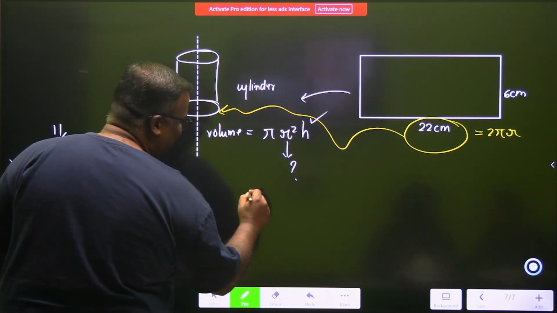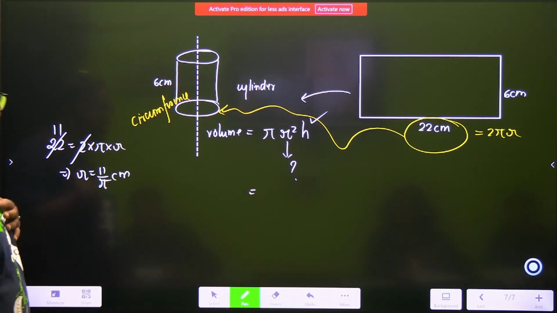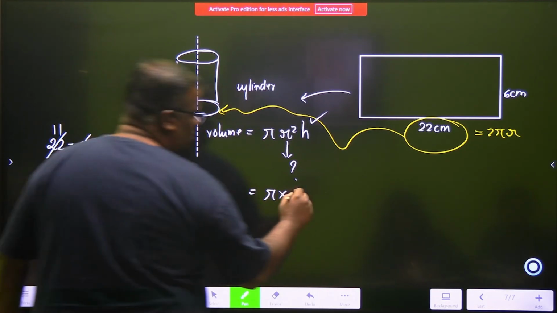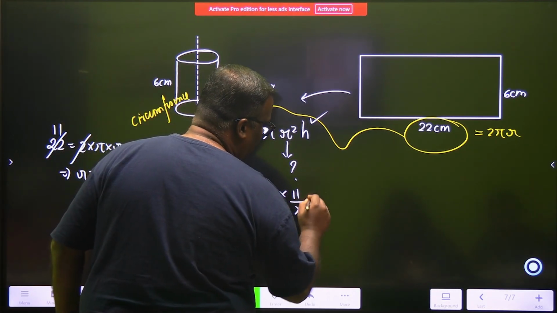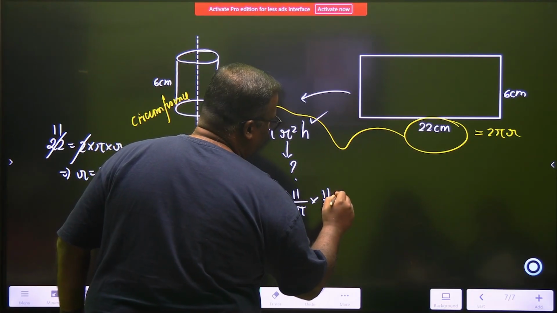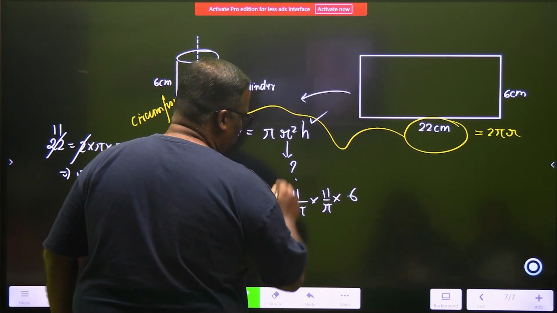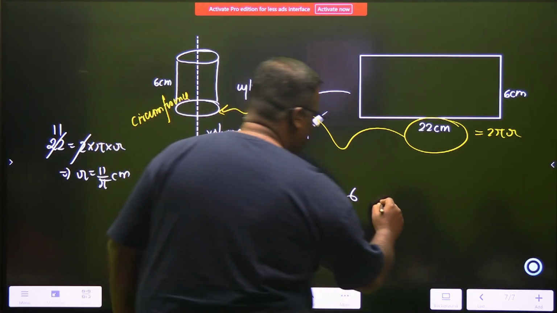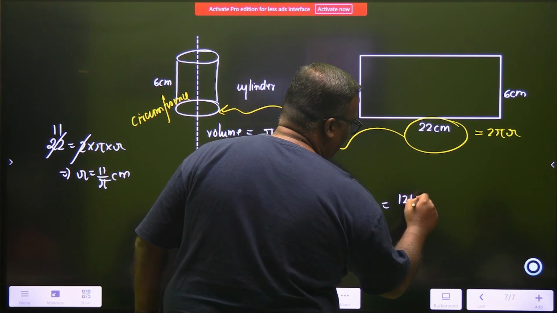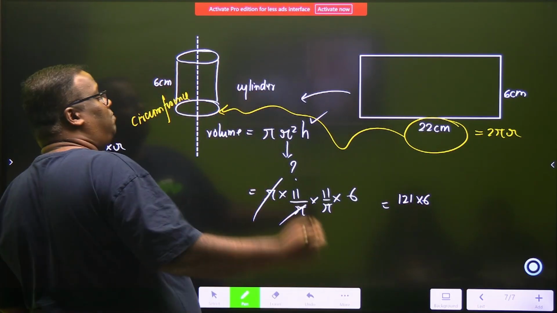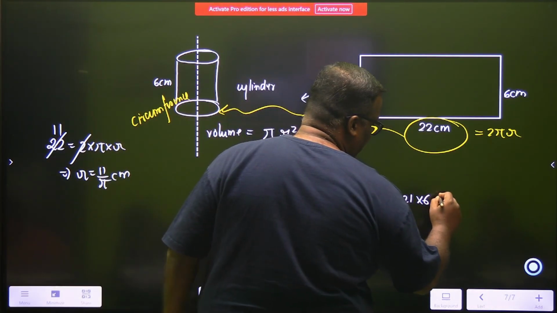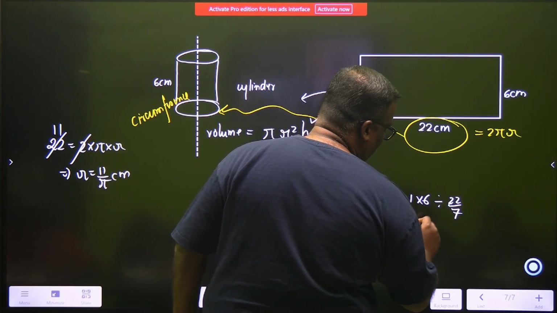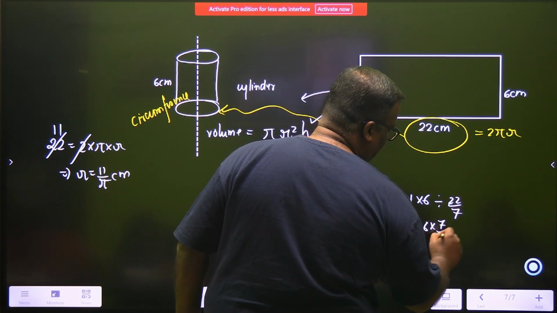So now we solve the volume. The volume is pi into r square. So r square is 11 by pi into 11 by pi, into the height, which is 6. So one pi is gone. This becomes 121 multiplied by 6, divided by pi, and pi is 22 by 7. So 121 into 6 into 7 by 22.